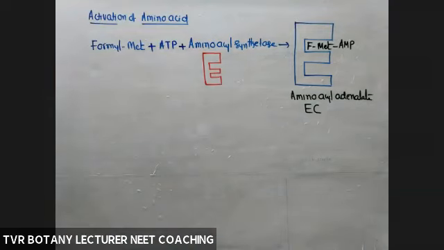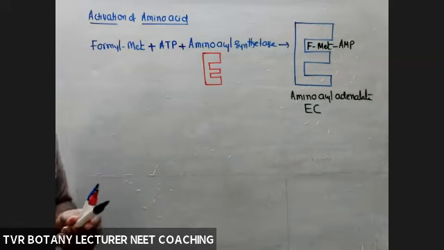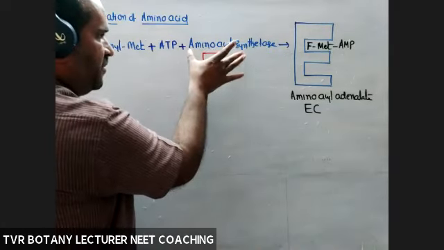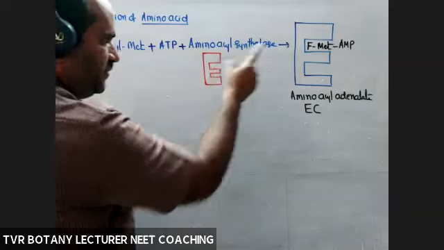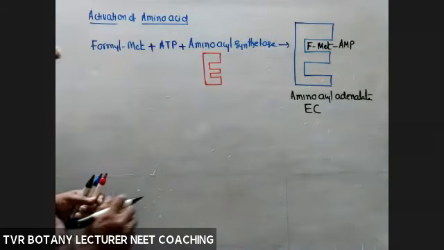Each amino acyl synthetase is specific to one particular type of amino acid, so a particular type of enzyme accepts a particular type of amino acid only.